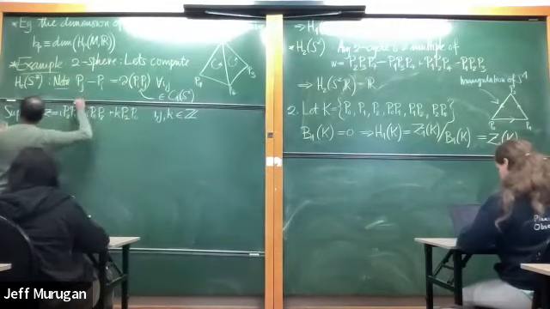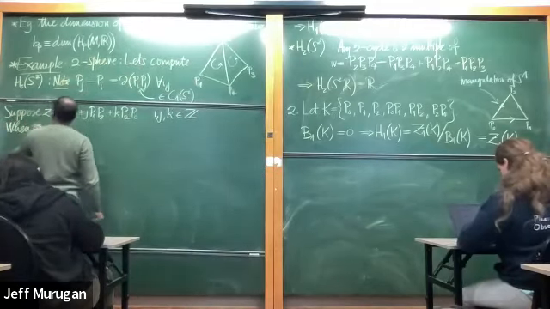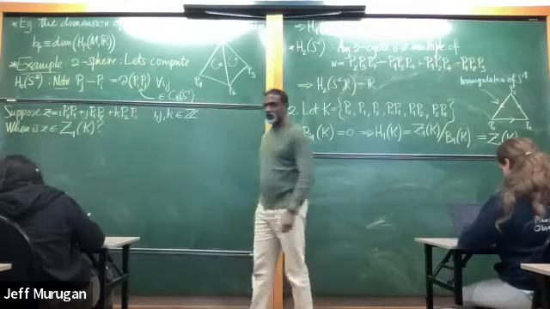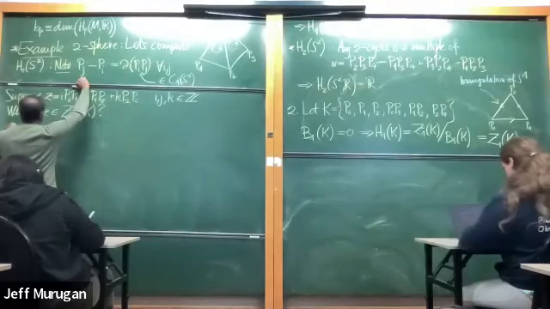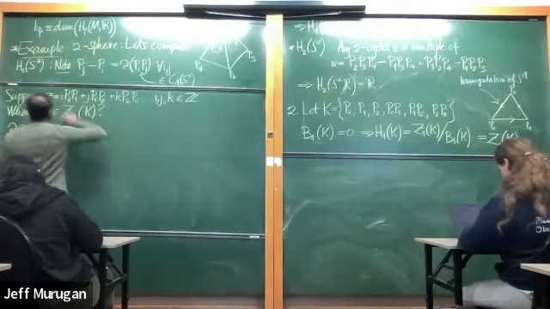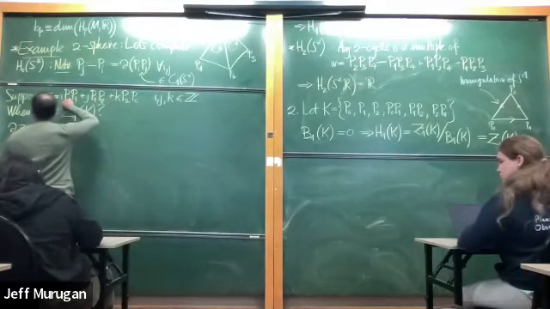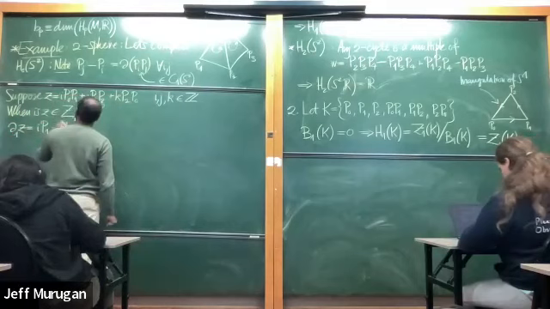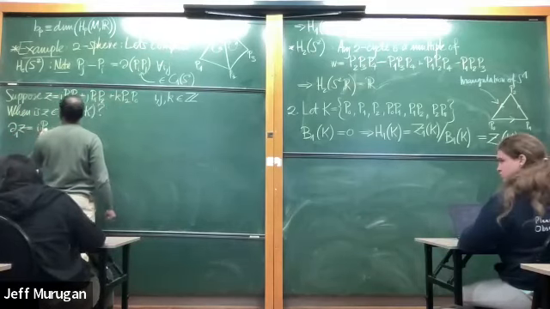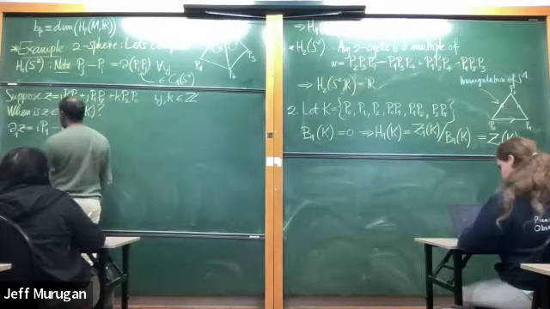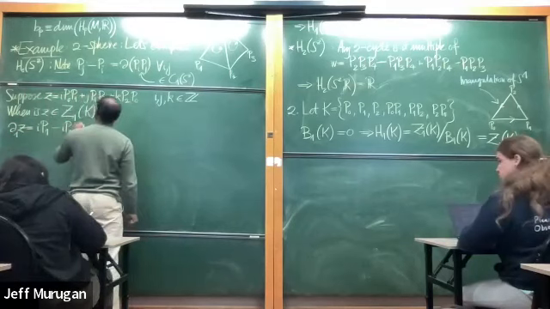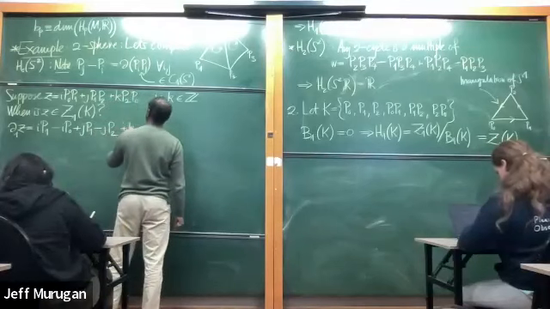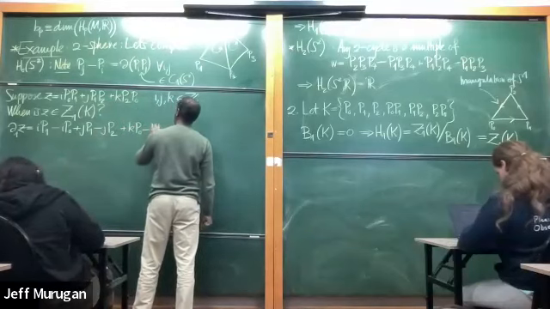So when is z an element of Z1? We need to calculate dz. The boundary d1 z is i P1 minus i P0 plus j P2 minus j P1 plus k P0 minus k P2.